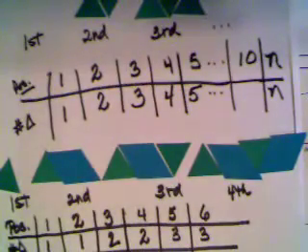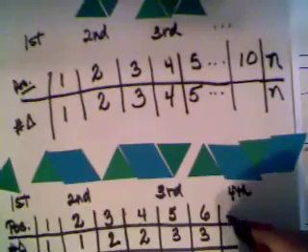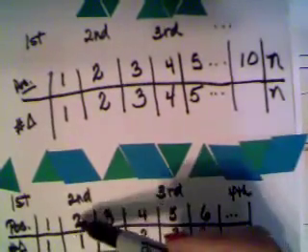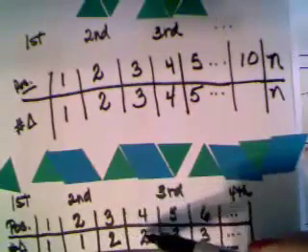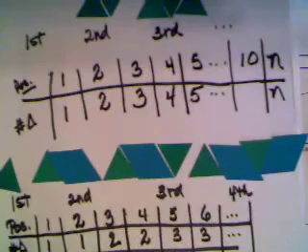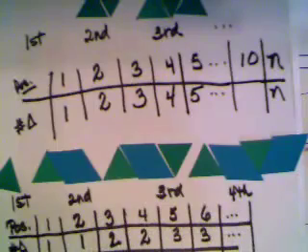And then you can build that to make sure that that's what's happening. All right, now we want to skip and we want to see if there is some pattern that we see between the numbers of triangles and the position and the number of parallelograms and the position.